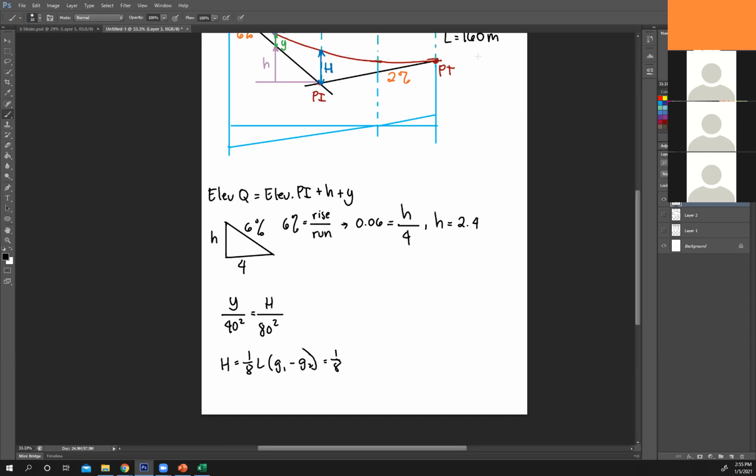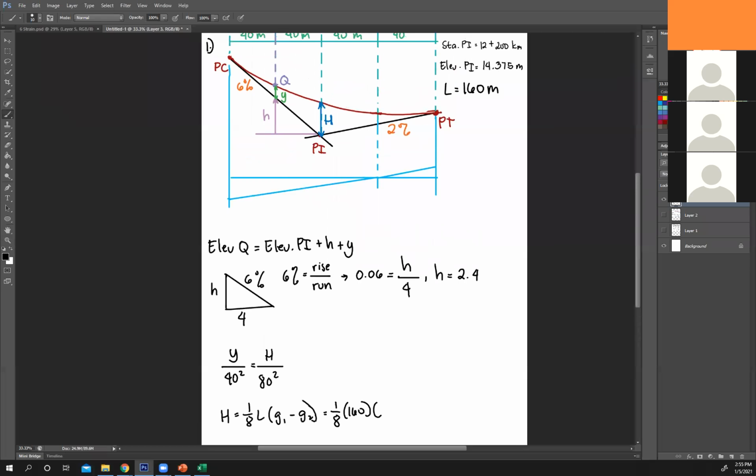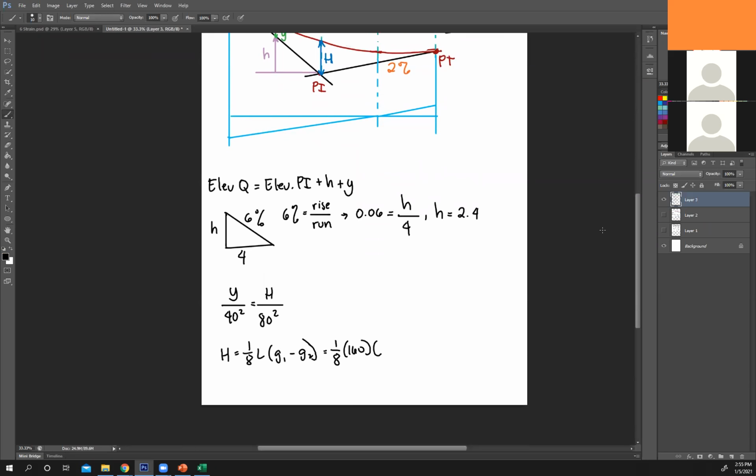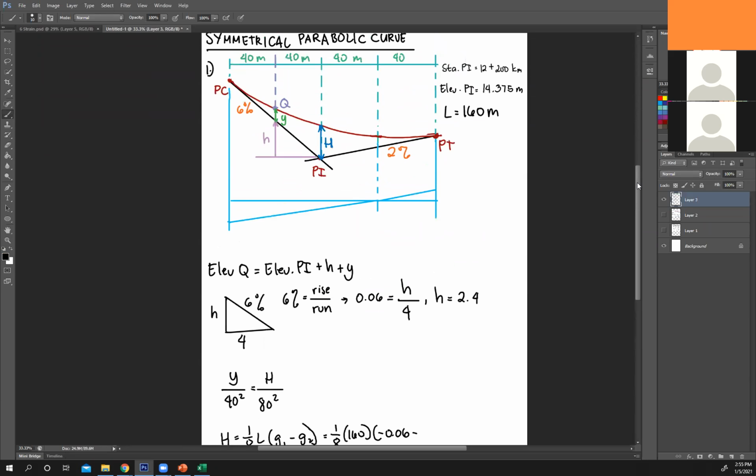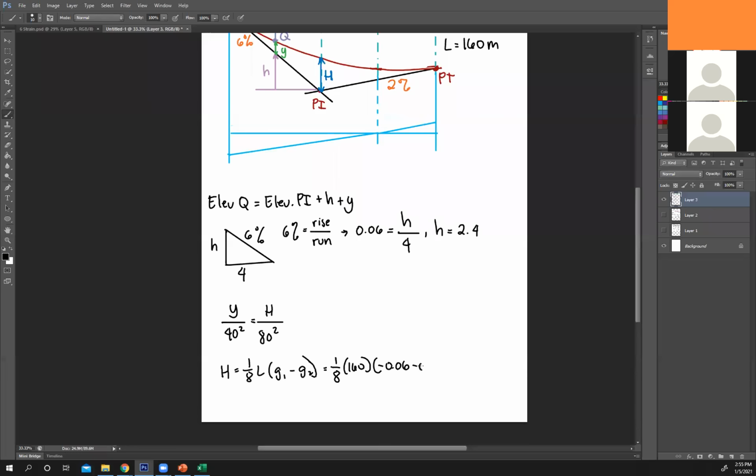So 1/8 L is 160. G1 minus G2. So G1 is negative 6% since it's descending. Okay, so that's negative 0.06 minus G2, which is 2%, so positive 0.02.